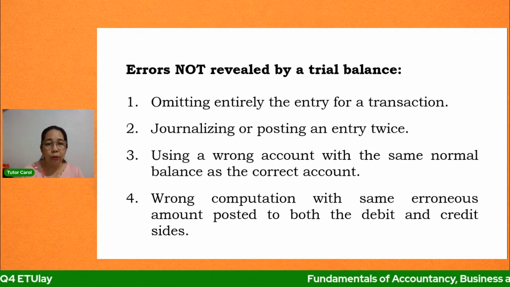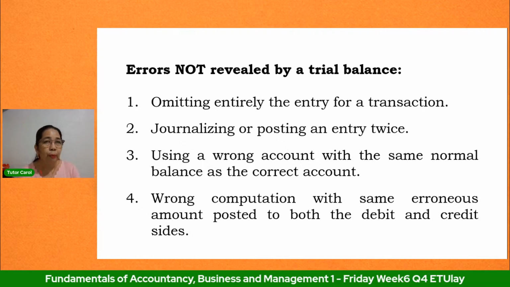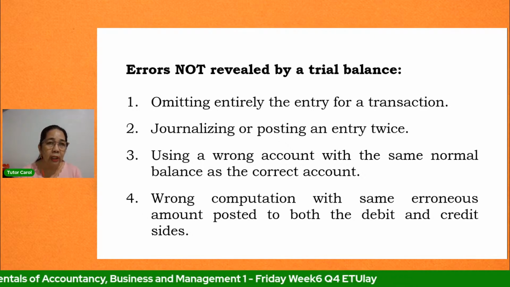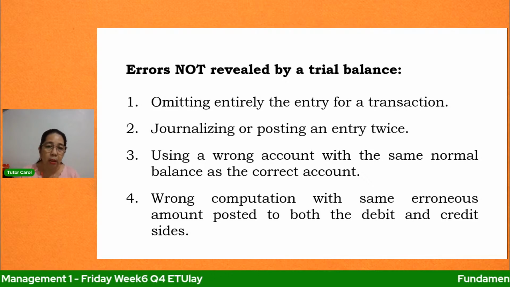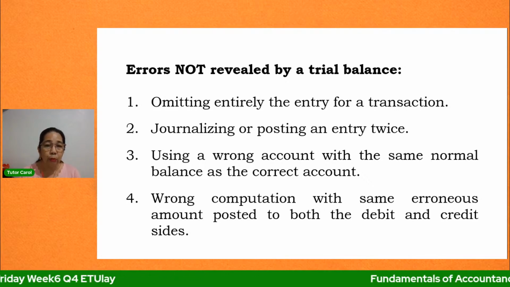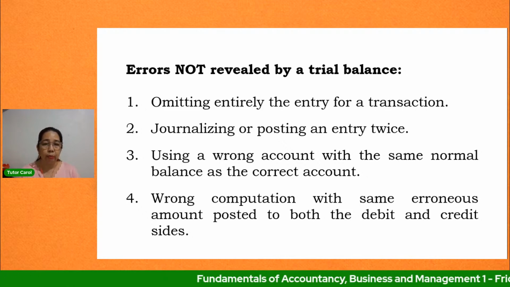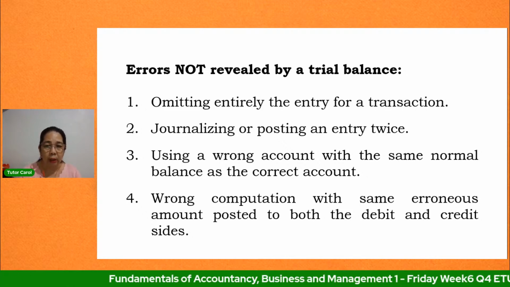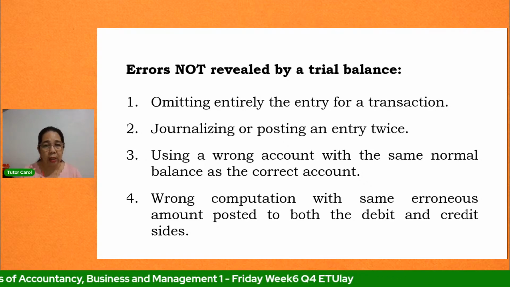Number 3, using a wrong account with the same normal balance as the correct account. For example, supposedly, ang account dapat is salary expense. And then, ang nagamit mo is utility expense. Same amount, but different account, wrong account. So, yun, balance pa rin ang trial balance, pero may error.